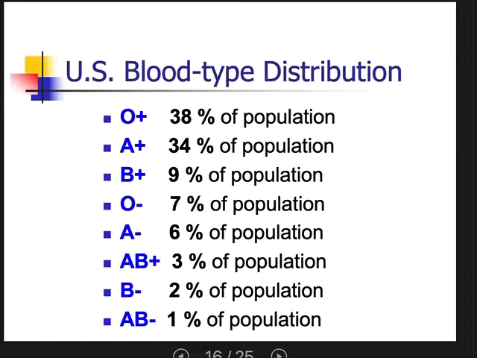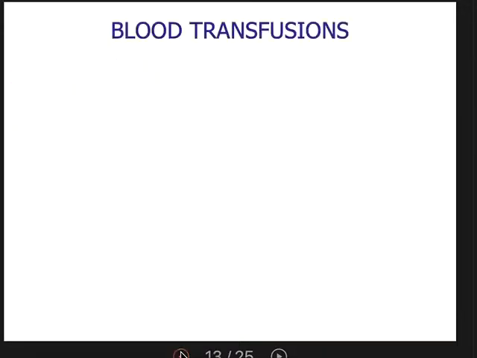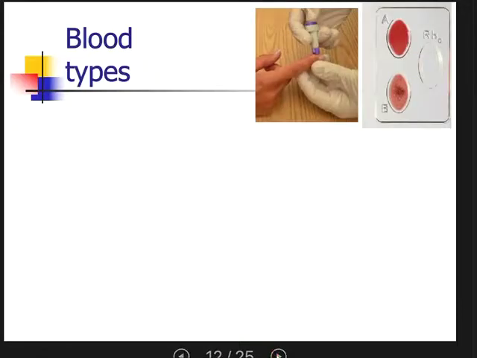We left off talking about the blood typing system, and just a little recap: we use an ABO blood system. You can have antigens for type A, for type B, antigens for type A and B, or you don't have either.